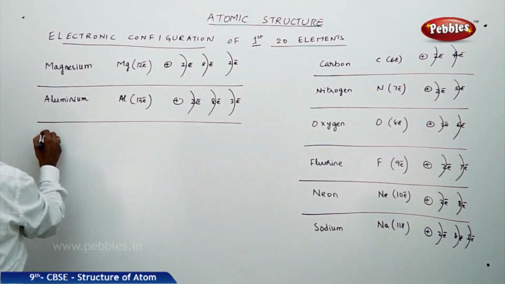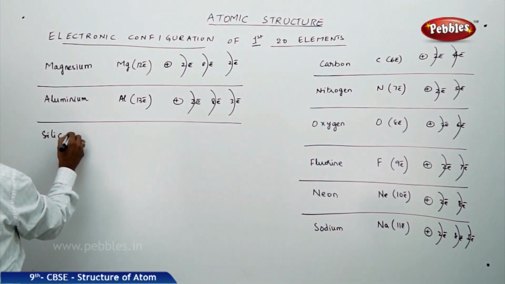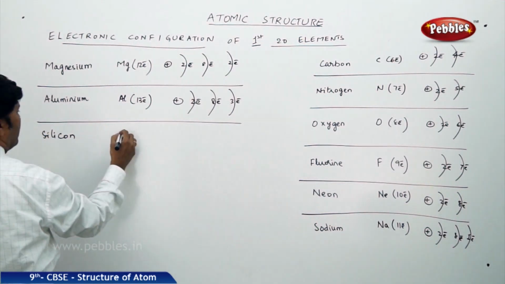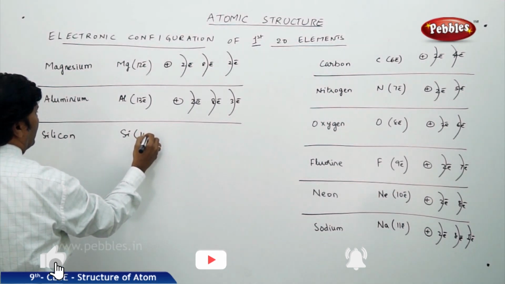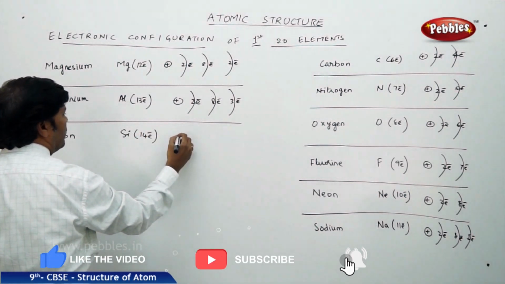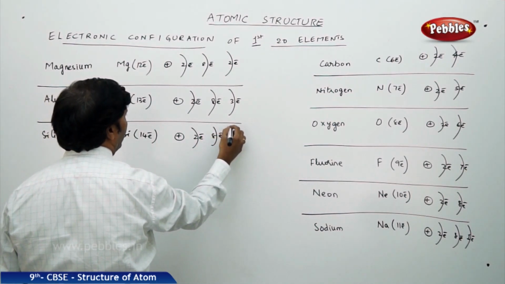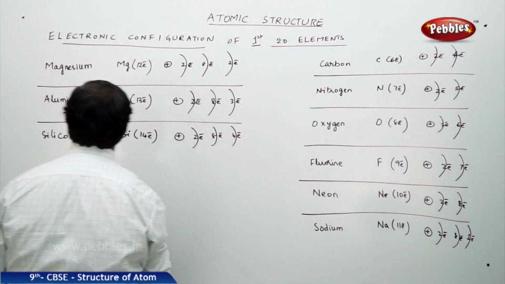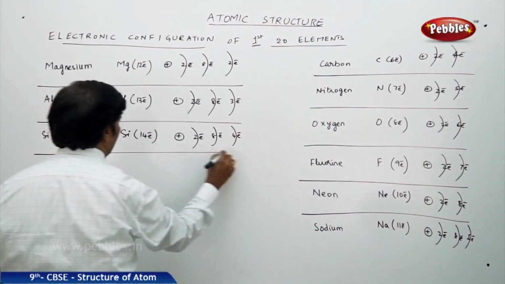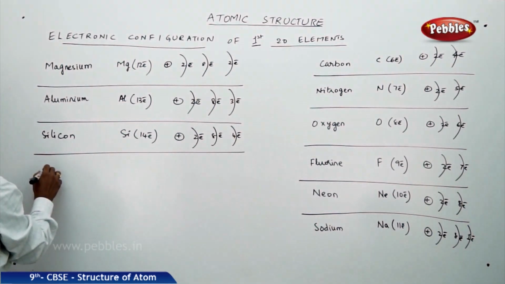Then go for silicon. The symbol is Si. Of course it contains 14 electrons. So nucleus, first shell 2 electrons, 8 electrons in the second shell and 4 electrons in the valency shell. Go for phosphorus.